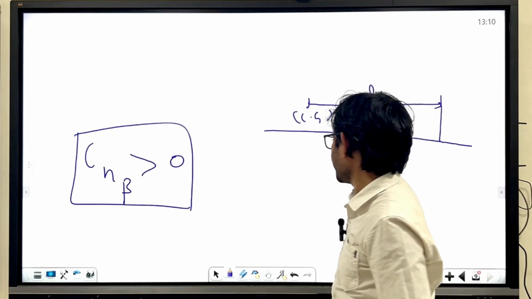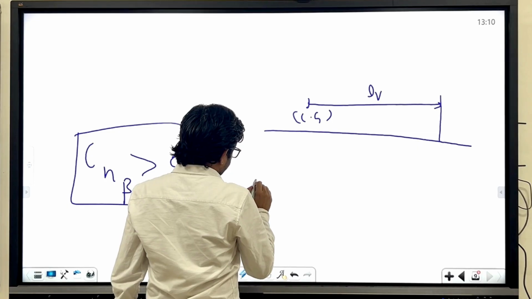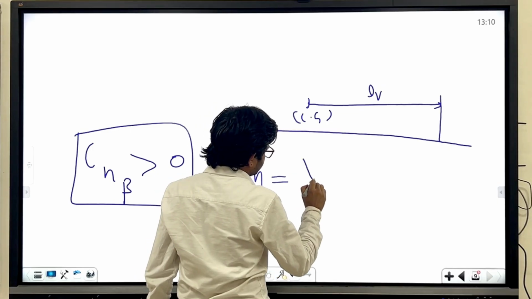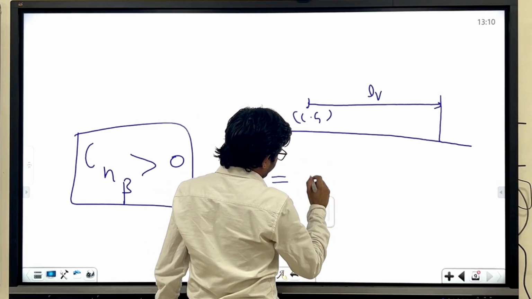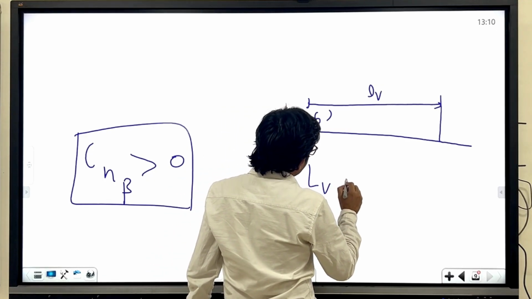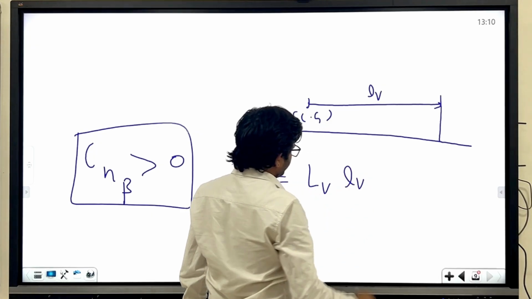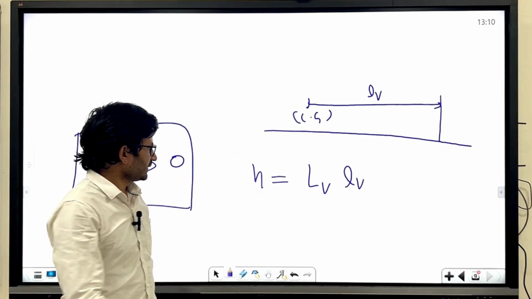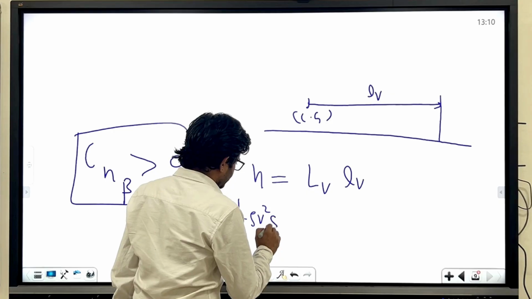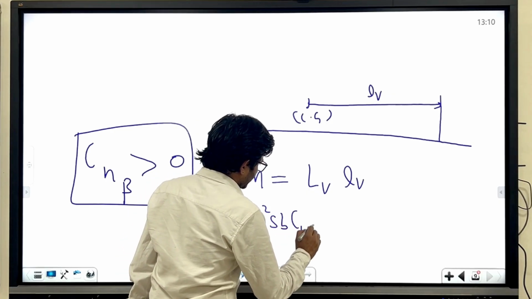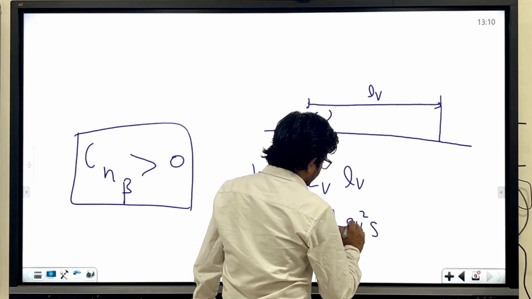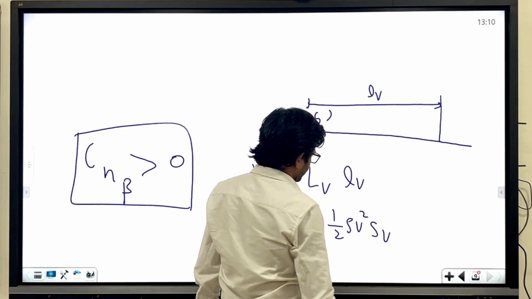So I can write the yawing moment N equal to that lift force into this distance LV. Now you may write N equal to half rho V square S_V into Cl alpha of the vertical tail.